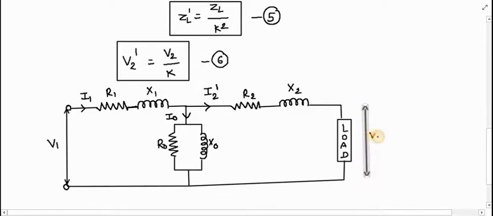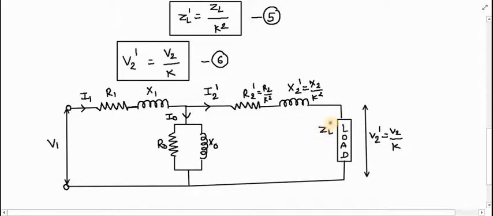When that voltage is transferred on the primary side, it will become V2 dash equals V2 by K. R2 will become R2 dash, which is nothing but R2 by K square. X2 will become X2 dash, which is nothing but X2 by K square. Let ZL be the impedance of the load.